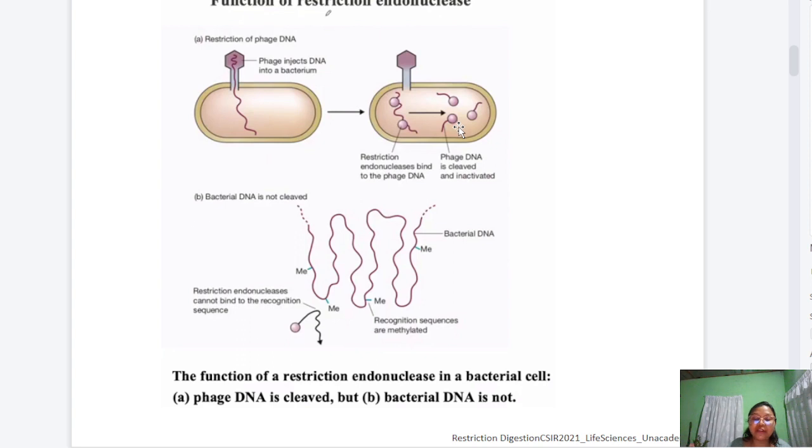So now this viral genome, even though it has entered the bacterial cell, is incapable, or inactive, to harm the bacterial genome. Clear?